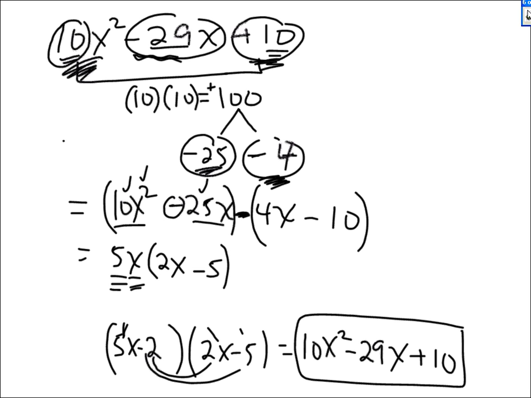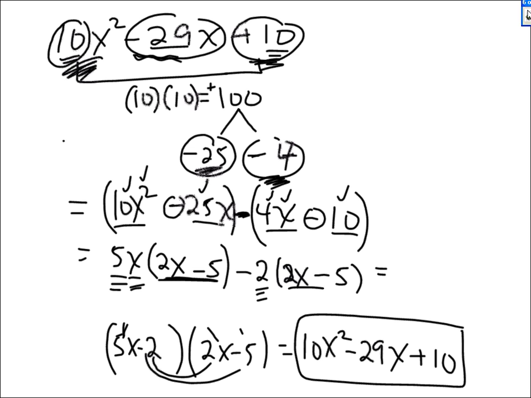I factor the first bracket. Minus. The second bracket, between 4x and 10, 2 is common. 2 times 2 gives me the 4, times x gives me 4x. Minus. 2 times 5 gives me the 10. And then I say, yeah, this looks like it's working, because these are the same.